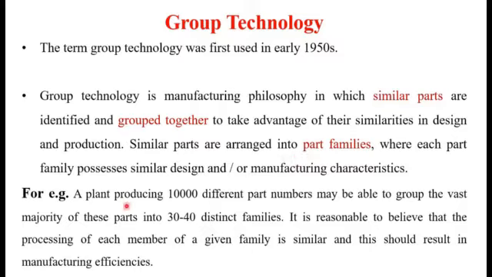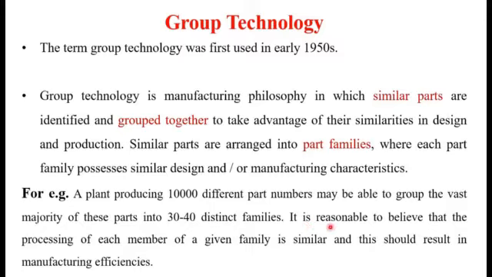Here is an example. A plant producing 10,000 different part numbers may be able to group the vast majority of these parts into 30-40 distinct families.